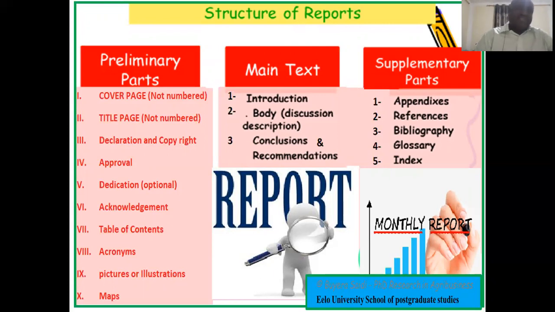We can also have dedication, which is optional. Dedication is actually a gift to whoever, could be a person you love. You may dedicate this report to your family, to your loved daughter, son, to your wife, your husband. It's optional.